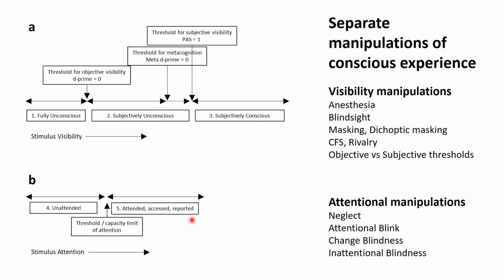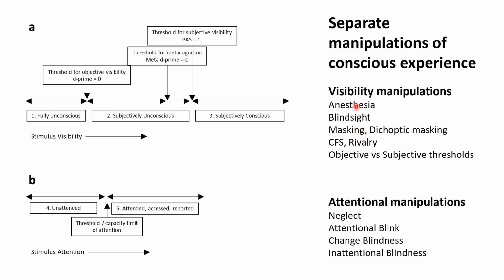Now, of course, we have to realize that what I'm talking about here are what are called visibility manipulations, things which really render stuff invisible. Like anesthesia, well, that's knocking out consciousness completely, of course, if all is well. But also things like blindsight, masking and dichoptic masking, and these objective, maybe even subjective thresholds.